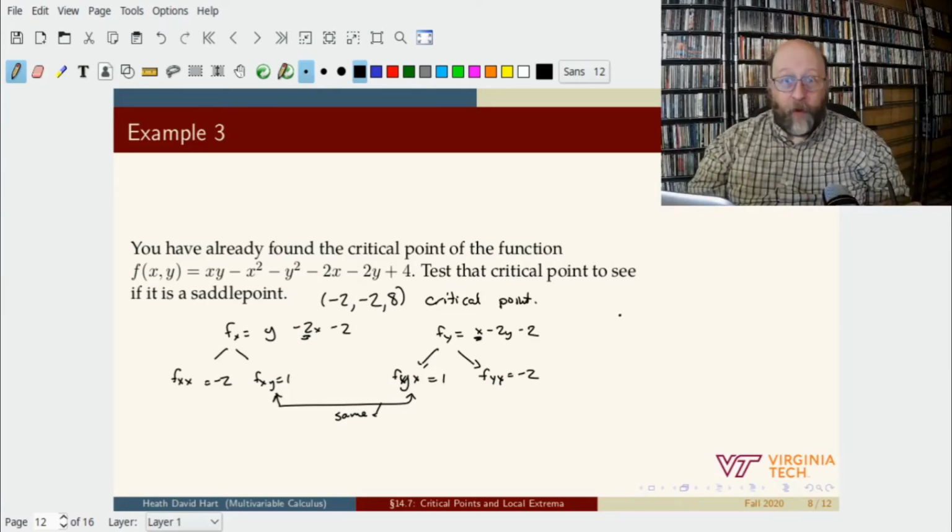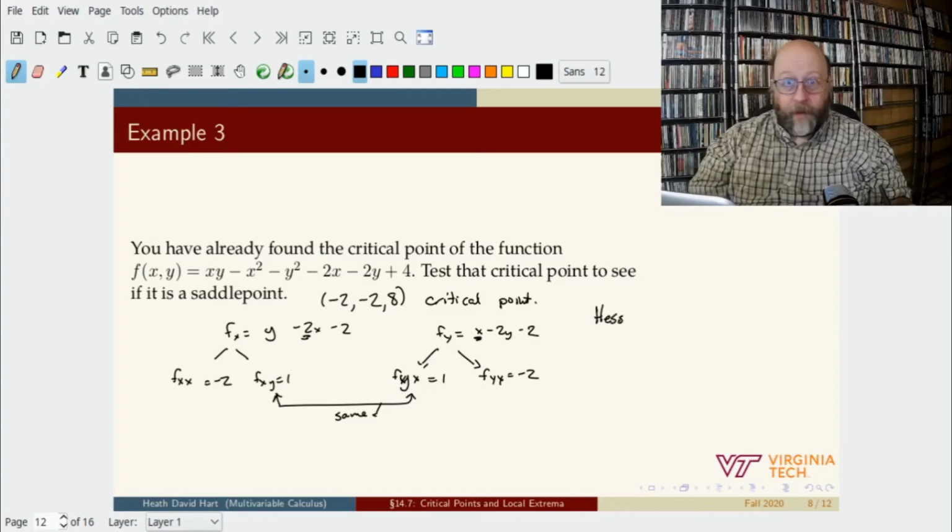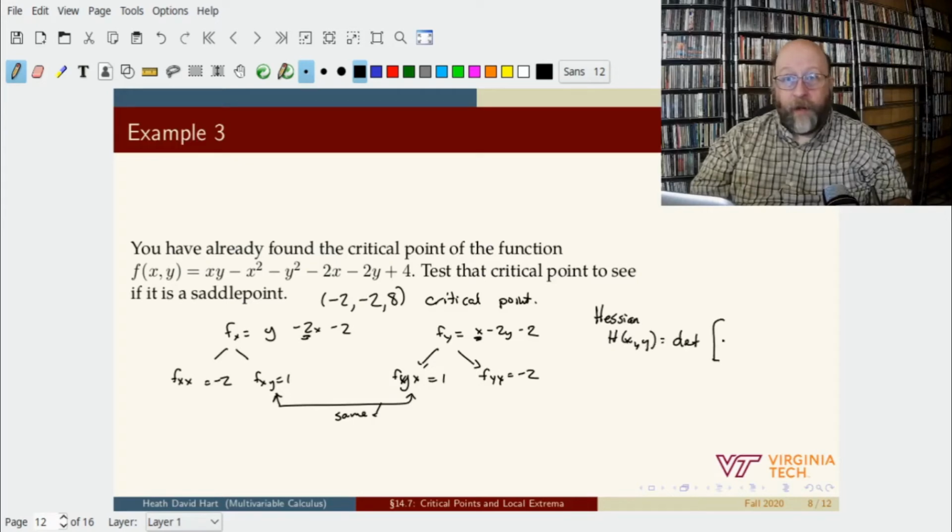And so our determinant is, let me make this up, the Hessian, which we abbreviate H of xy, is the determinant of this matrix, -2, 1, 1, -2.